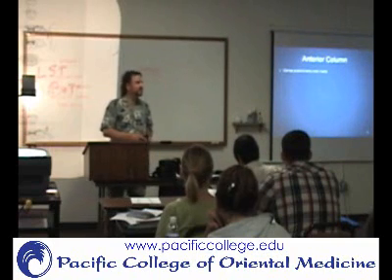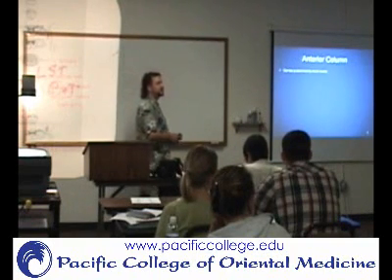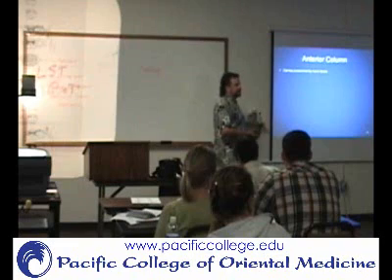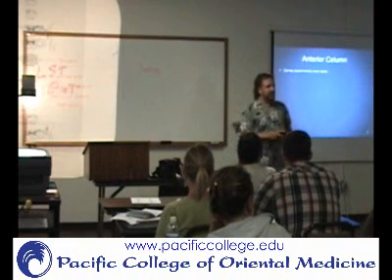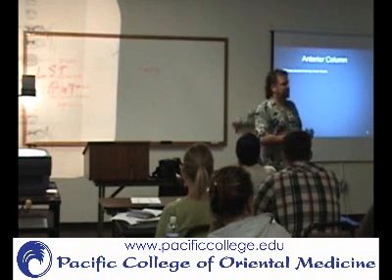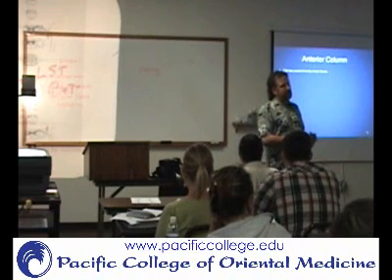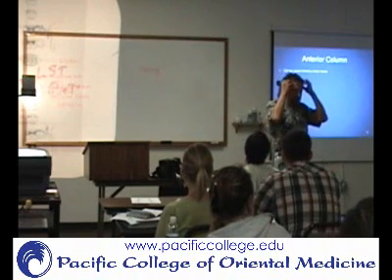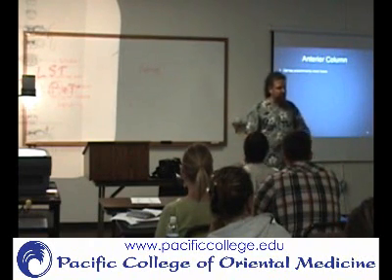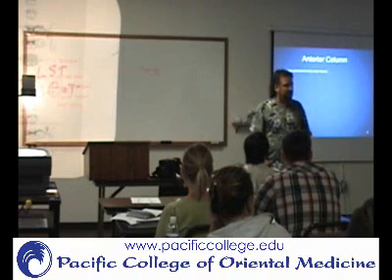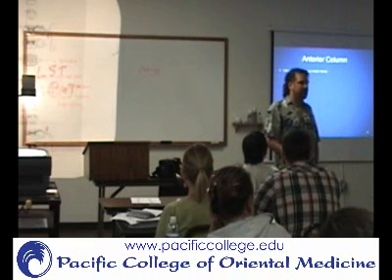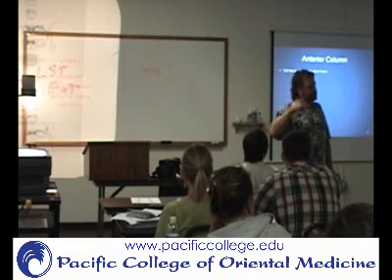So, what's the difference between conscious and unconscious proprioception? Conscious proprioception is where you're mentally aware of the position of your body in space. Unconscious is things that happen beyond your conscious perception.